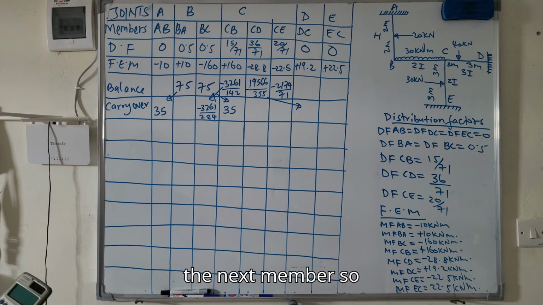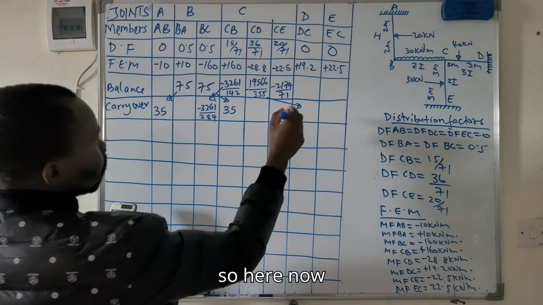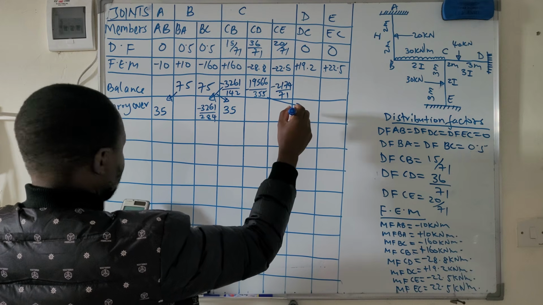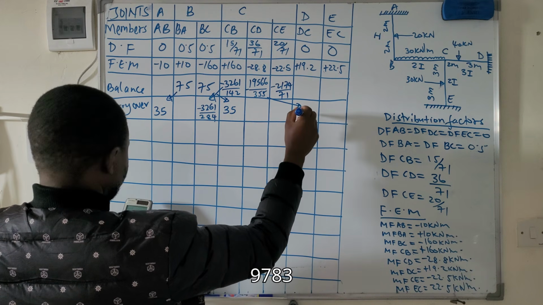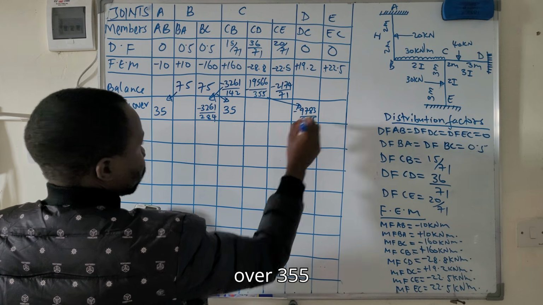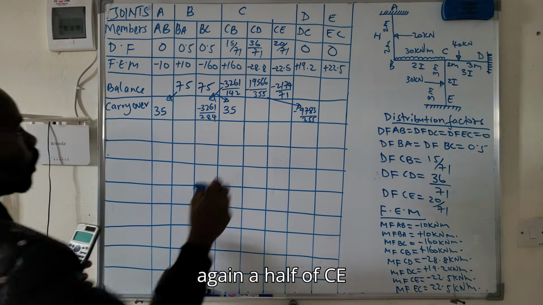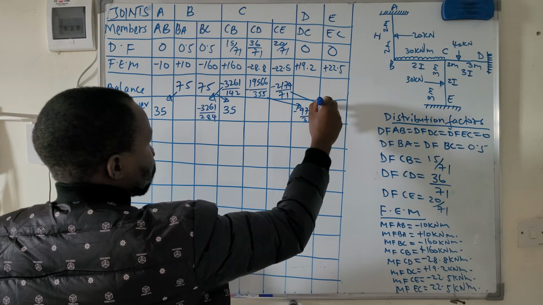Again, a half of CD to DC, half of this to this member. So 19,566 over 355 divided by 2. So here you have negative 9783 over 355. Again, a half of CE to this.